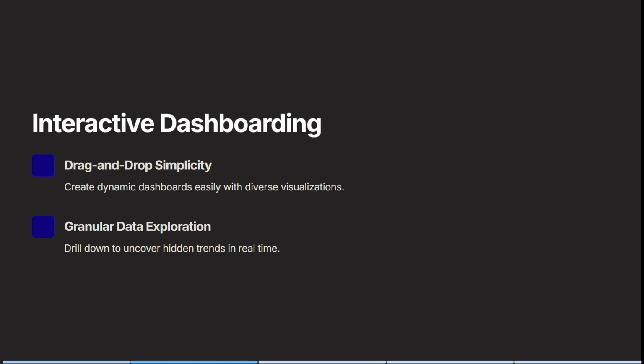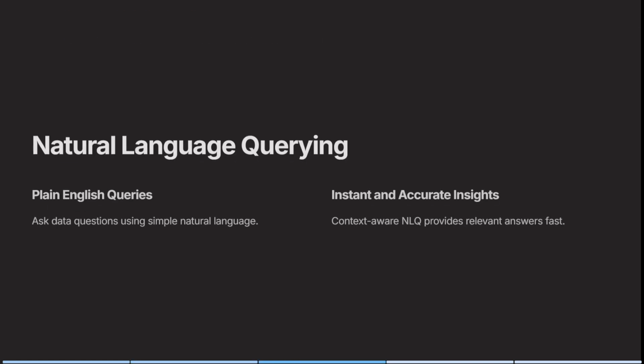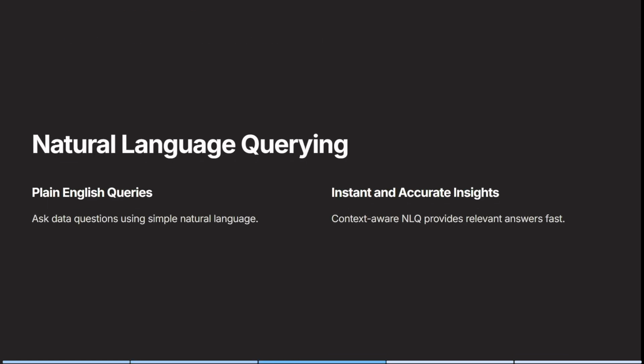It has drag and drop capabilities, so you can create dynamic dashboards easily with their diverse visualizations, and it has granular data exploration, so you can drill down to uncover hidden trends in real time. Also, it features natural language querying, so you can ask data questions using simple natural language. It also has instant and accurate insights. It is context aware, and the NLQ provides relevant answers.